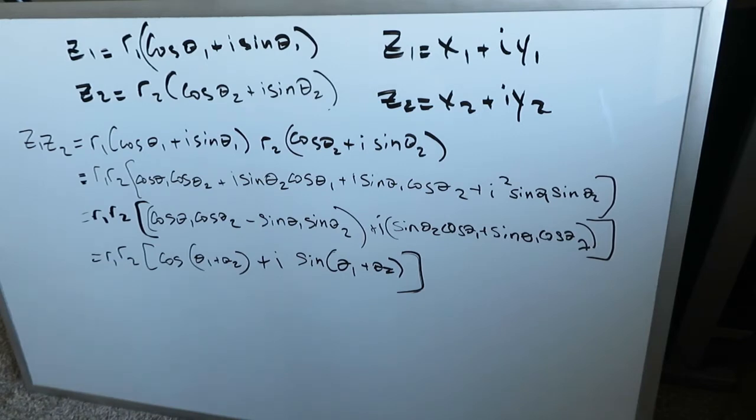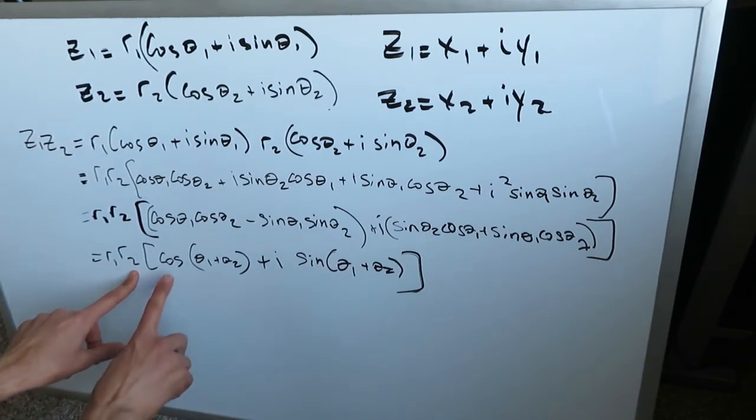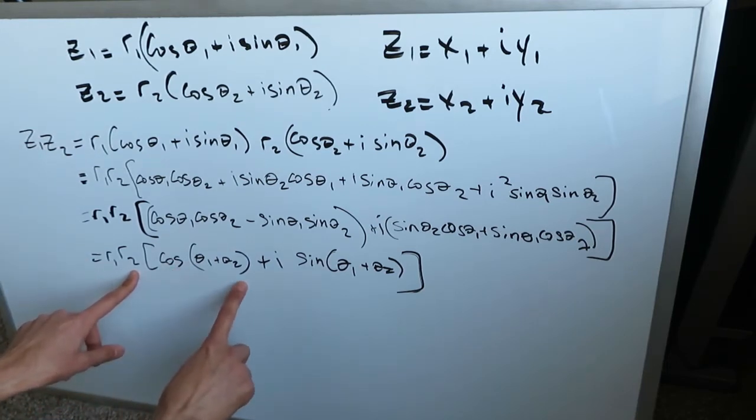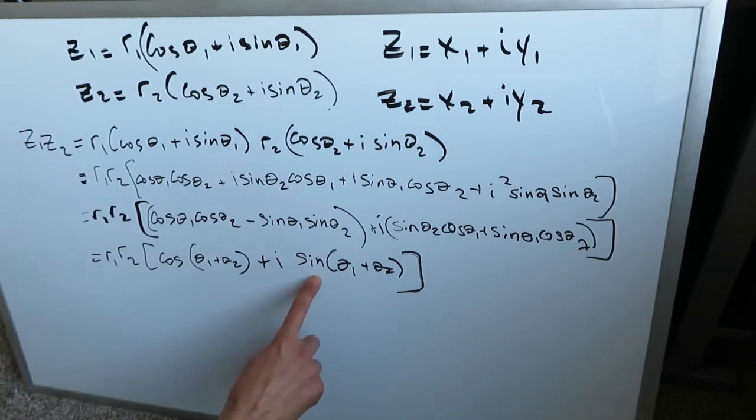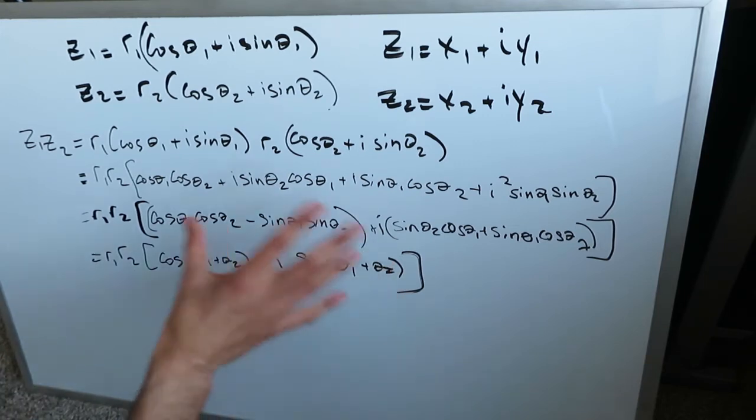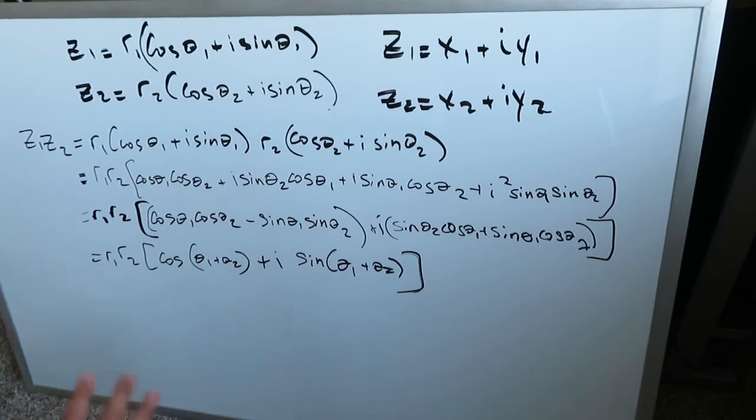So this right here represents the formula for the combined product operation of two complex numbers. Z1 Z2, Z1 representing complex number 1, Z2 representing complex number 2, is equal to R1 times R2 times the cosine of theta 1 plus theta 2 plus I times the sine of theta 1 plus theta 2. When I show you these in example formats, it will make sense. Right now we're showing you the derivation of this. So this right here is the product formula derived.